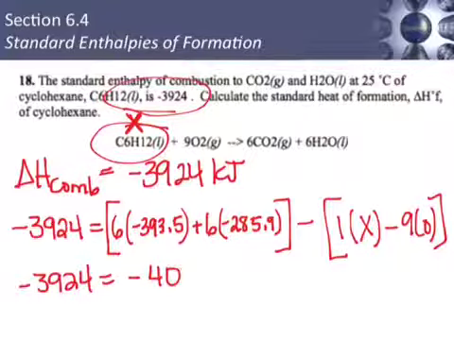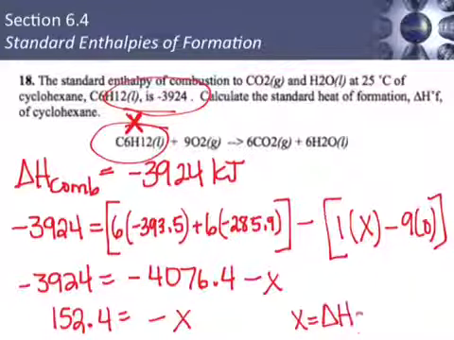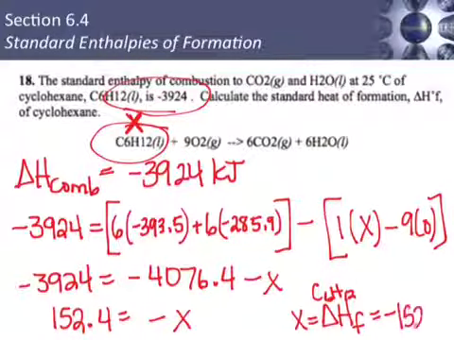Negative 4076.4 minus X. So 152.4 is minus X. Therefore, X, the heat of formation for C6H12, is positive 150, or negative, sorry, negative 152.4 kilojoules per mole.